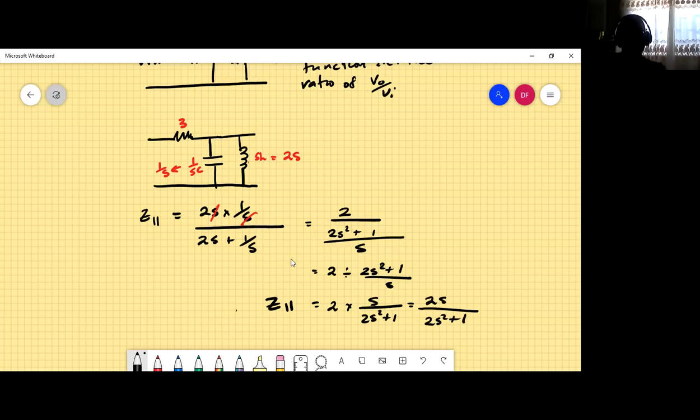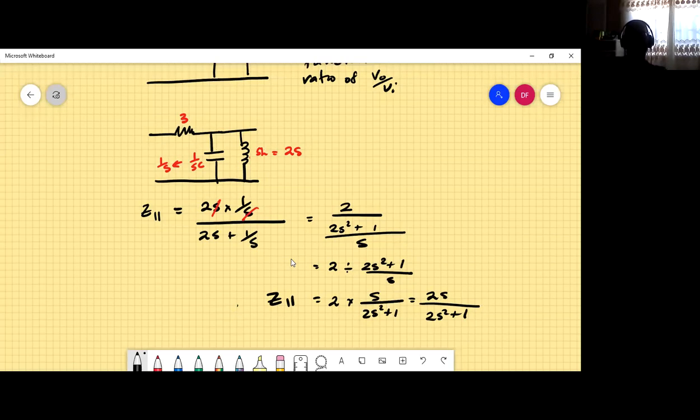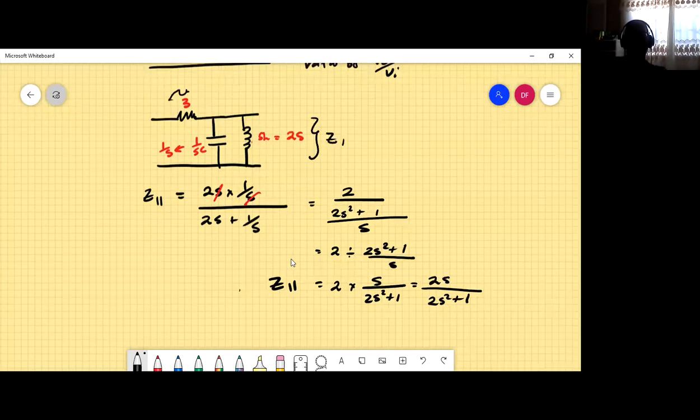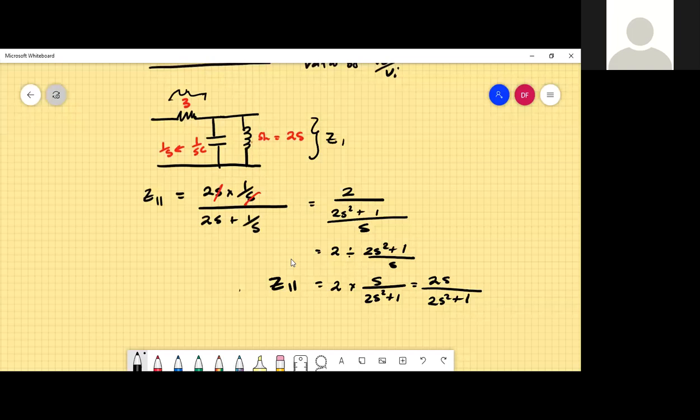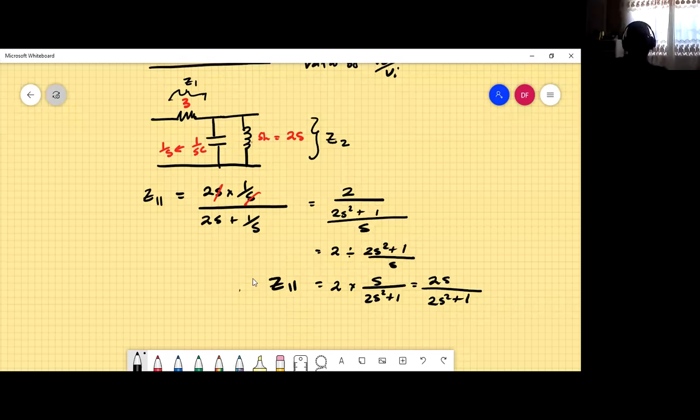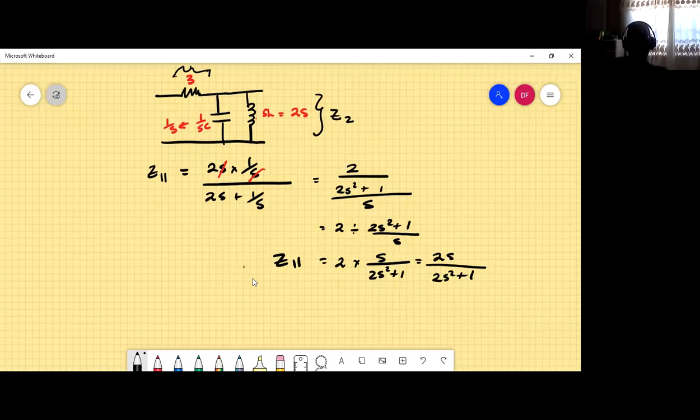All right, so now we want to find the transfer function, and we're going to use the voltage divider rule. So we're going to call the 3 ohm resistor Z1. So we are saying now that V out over V in would be equal to Z2 over Z1 plus Z2.